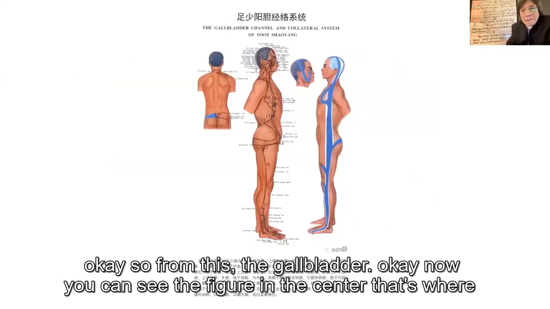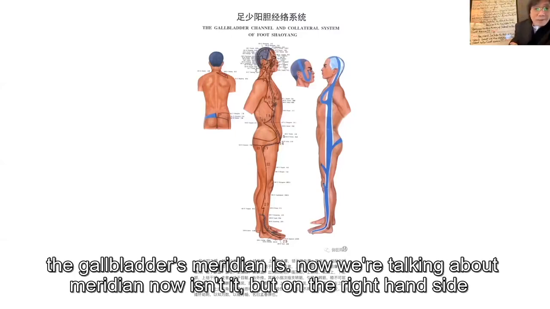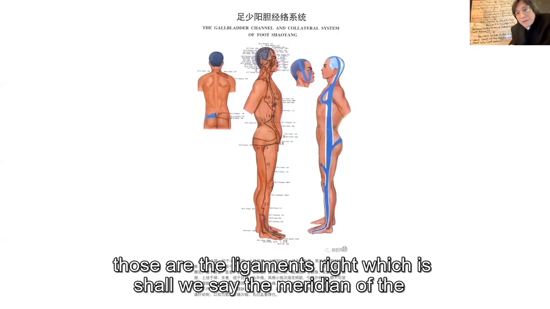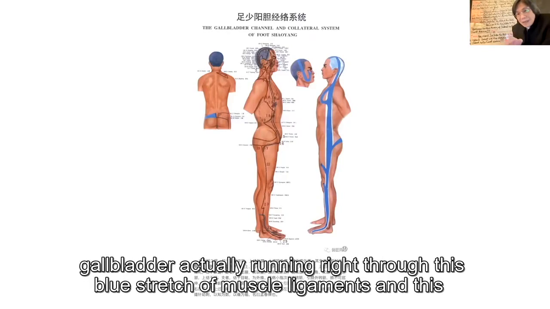So from this, the gallbladder. Now you can see the figure in the center, that's where the gallbladder meridian is. Now we talk about meridian, isn't it? But on the right-hand side, those are the ligaments. The meridian of the gallbladder is actually running right through this blue stretch of muscle ligament area.